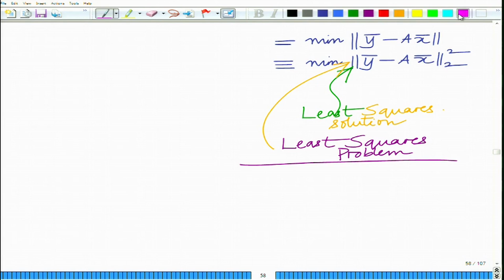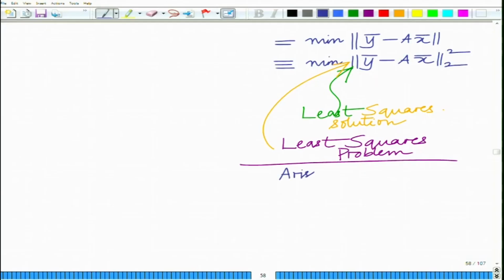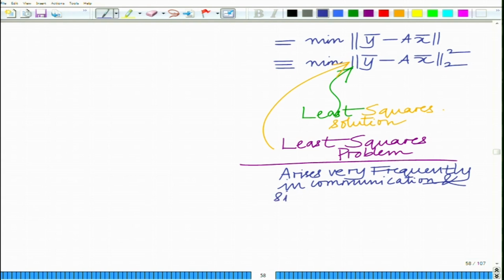This arises when we go through some explicit examples, and it arises very frequently in communication and signal processing applications.